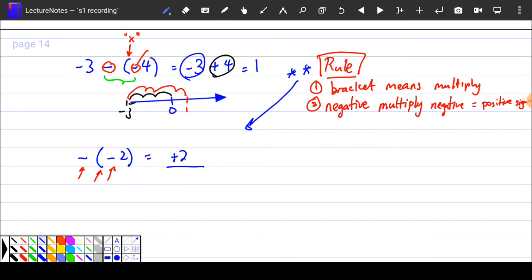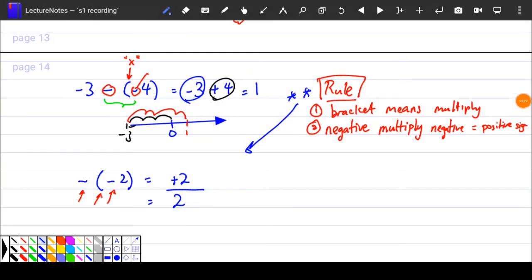So this will be plus 2. Or sometimes we don't put the plus in front of the number, we just write it as 2. Okay? So to summarize, the rule for subtracting will be, if you see a bracket, it means multiply, and you know that a negative multiplied by a negative sign or number will give you a positive. So it's like minus times minus will give you a plus.